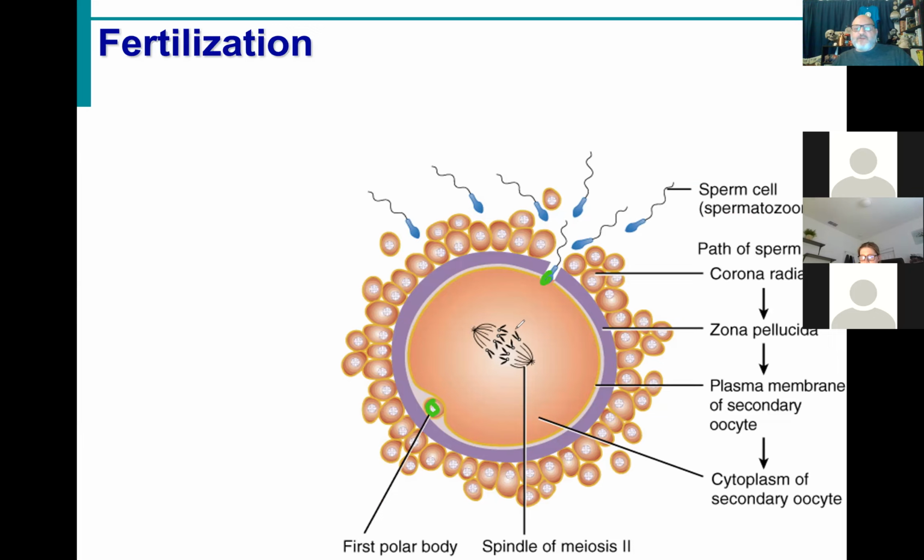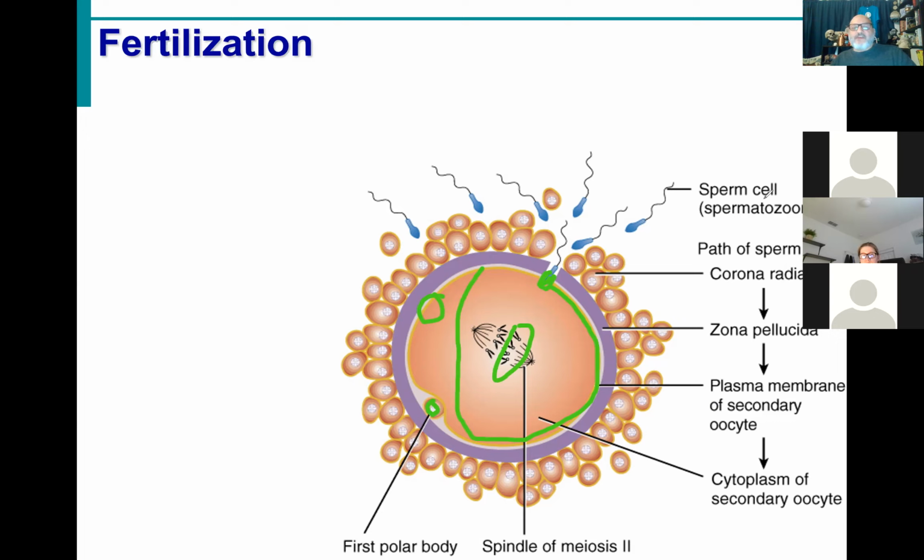And remember, it was frozen in metaphase 2. However, now that the egg has been fertilized, meiosis can now complete, separating into an additional polar body. And then we will have the remaining ovum with half of the chromosomes and now the chromosomes of the male, and that will eventually become our zygote.